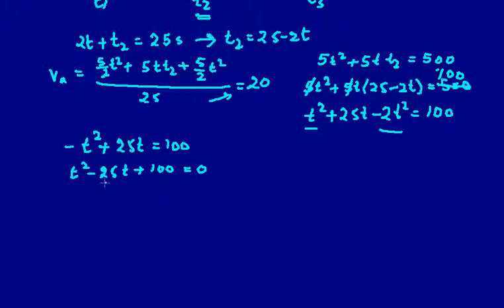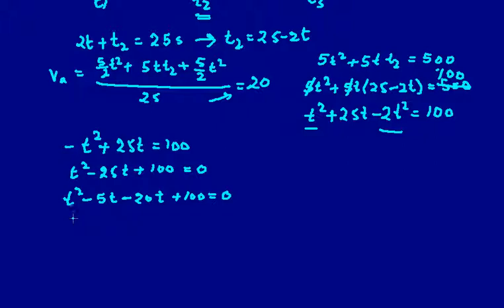Since the middle term is negative and the last is positive, we can take it as minus 20 into minus 5. Those who do not understand, you have to refer to how to solve these quadratic equations. So t square minus 5t minus 20t plus 100 is equal to 0.